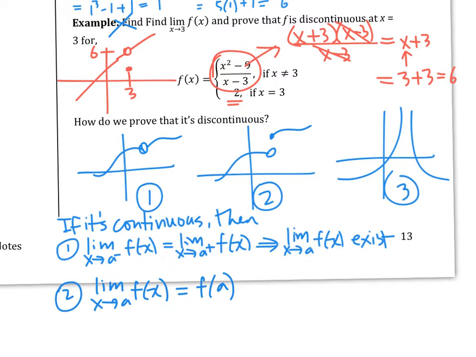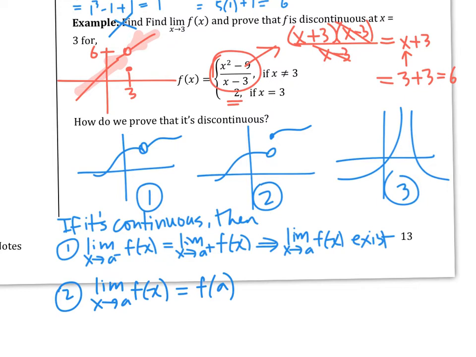Well, if you want to prove that it's discontinuous, you just have to fail one of these. Left-hand side, right-hand side, do they go to the same number? They do go to the same number. And how would you know that? When you go from the left-hand side, basically it's just the numbers smaller than 3.